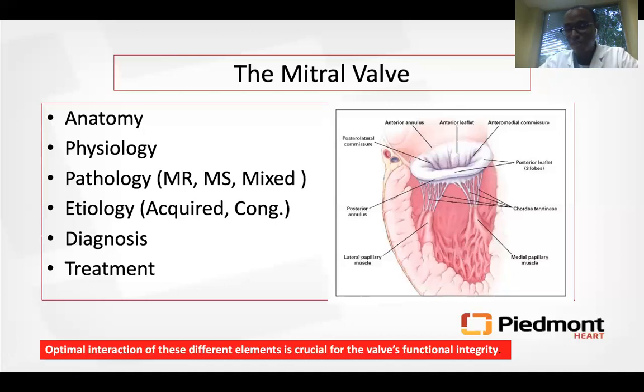You can have mitral regurgitation either from ventricular pathology, called secondary or functional mitral regurgitation, or from pathologies affecting the valve structure itself. That's called primary mitral regurgitation.